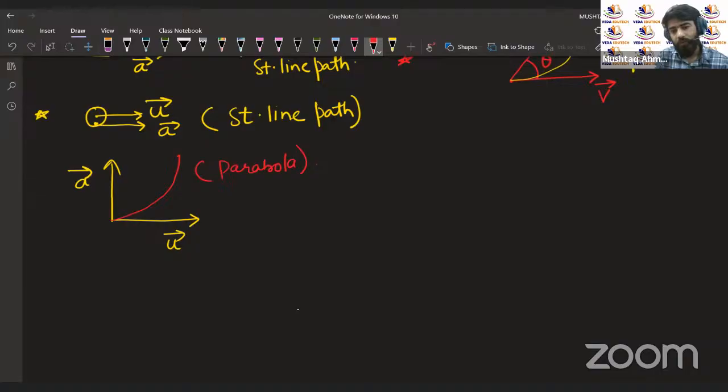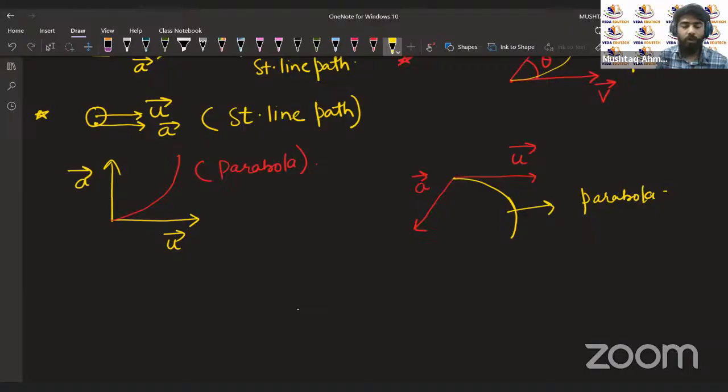Correct? So suppose the acceleration is directed along this and the velocity vector is along this direction, then this particle is going to follow a parabolic path like this. So once again this path will be a parabola.